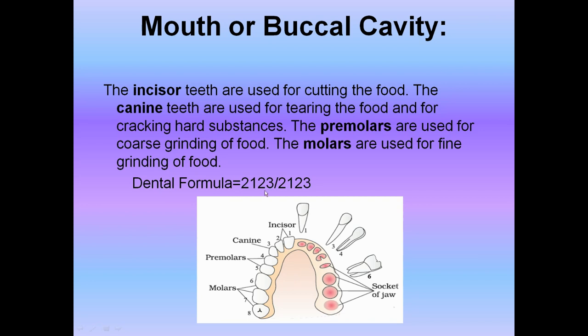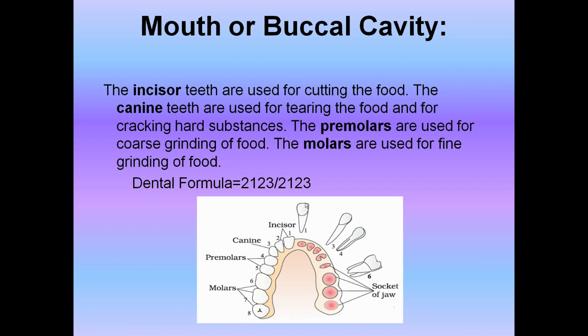Similarly, the other half has two incisors, one canine, two premolars, and three molars. Now you have understood the dental formula of humans.